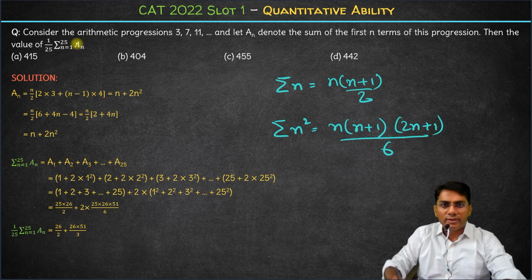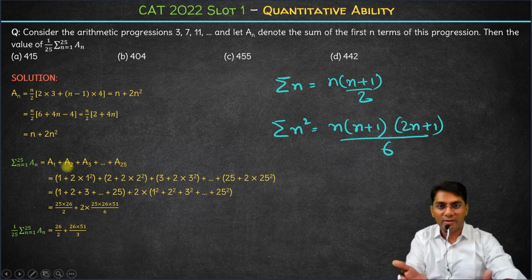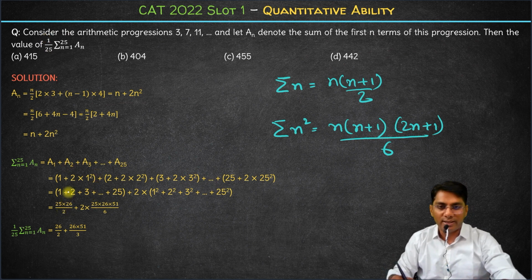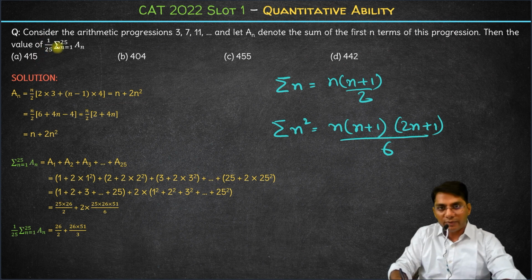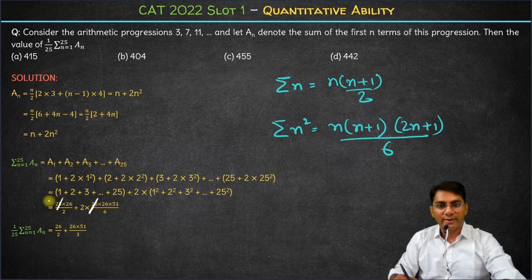Since we had to do 1 by 25 at the end, let's actually use that here. That will be better than doing the calculations. So now we need to calculate 1 by 25 times this sigma. Multiplying by 1 by 25, this 25 gets cancelled and this 25 gets cancelled. And the 6 goes by 2, 3 times. So we have 26 by 2 plus 26 into 51 by 3 remaining over here.